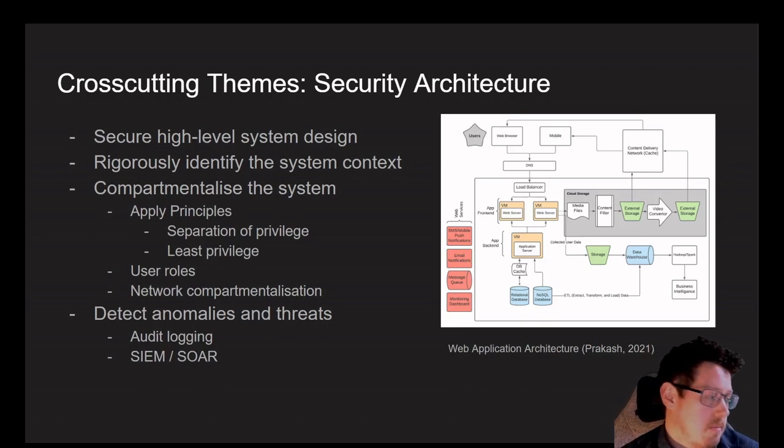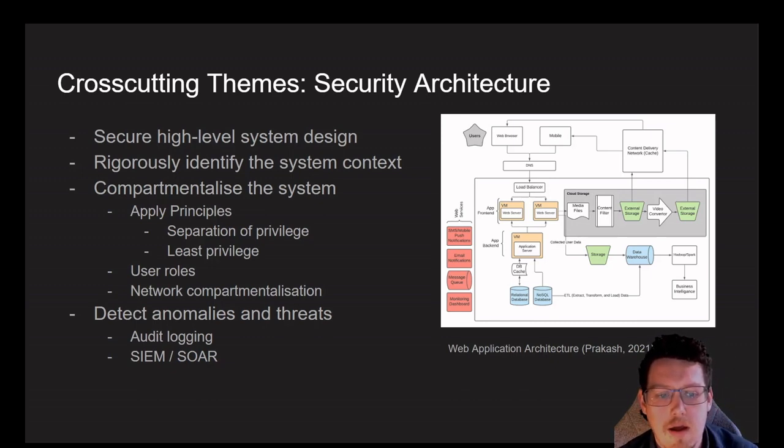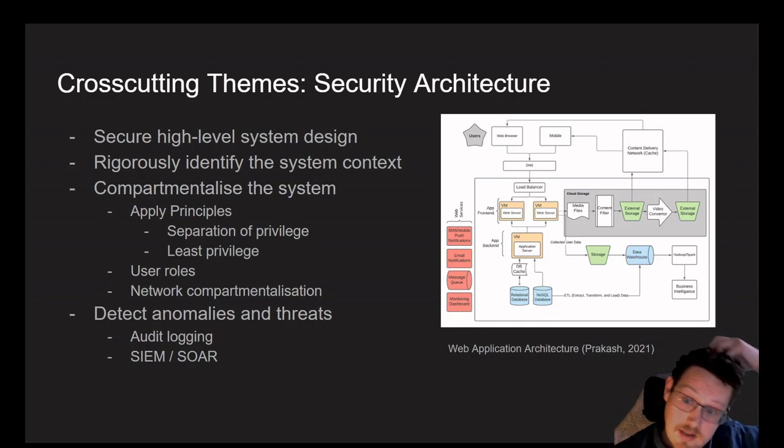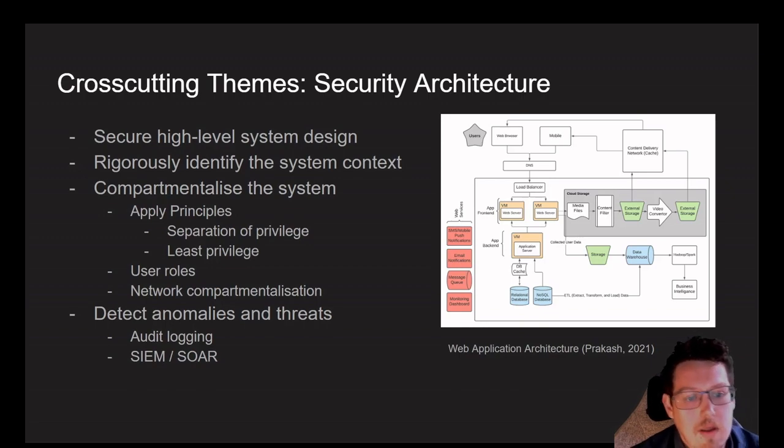For example, say there's a web application with a form where users can change their address. You want to ring fence this so that the application is not connected to everything else. It's only connected to the thing that it needs to be connected to.